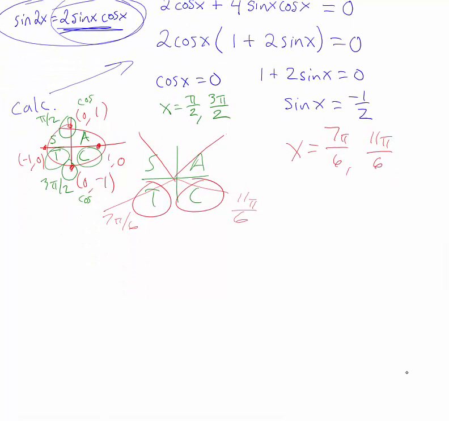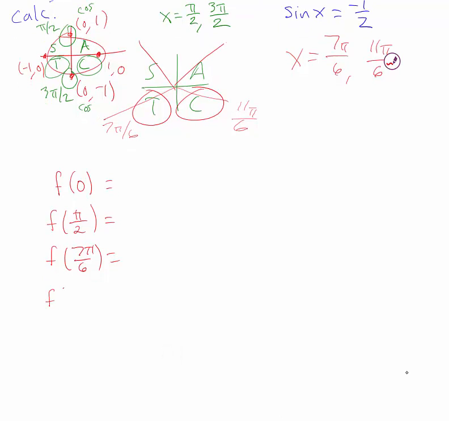So now we're going to check our endpoints and all those critical points. So we'll have f of 0, f of pi over 2, f of 7 pi over 6, f of 3 pi over 2, f of 11 pi over 6, and finally the last endpoint was f of 2 pi.